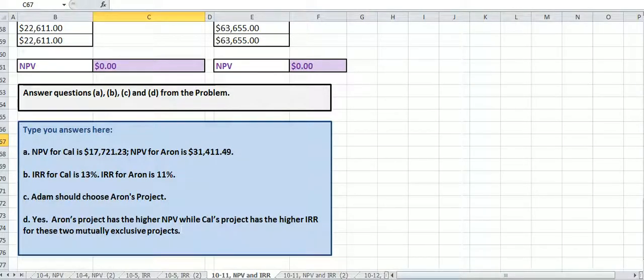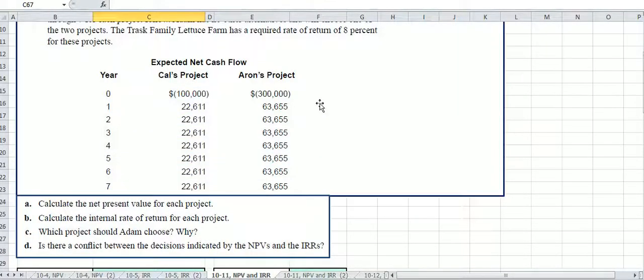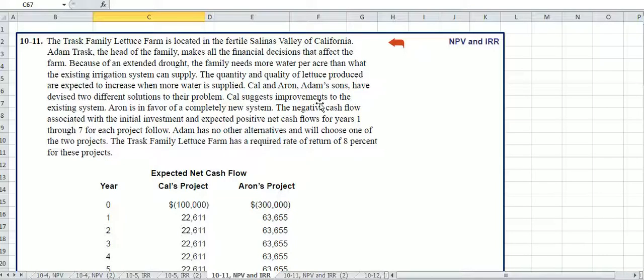You want to always go with the one that has the highest net present value, because the bottom line here is you're going to increase the value of your company more with Aaron's idea than you are with Kyle's idea.